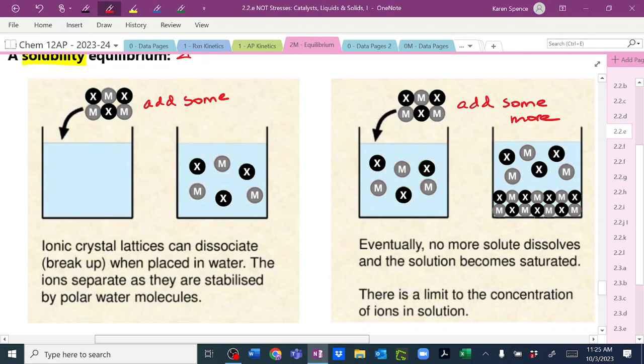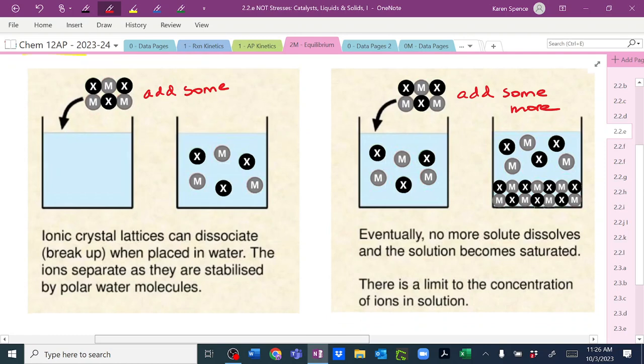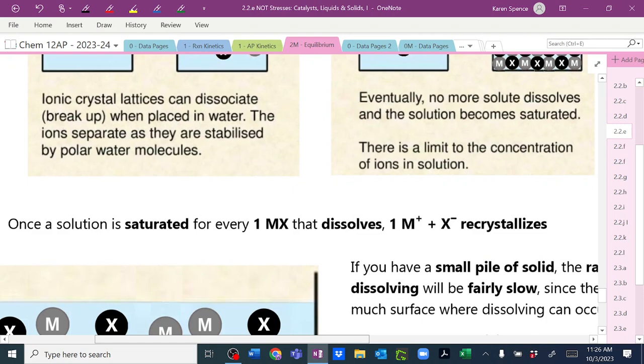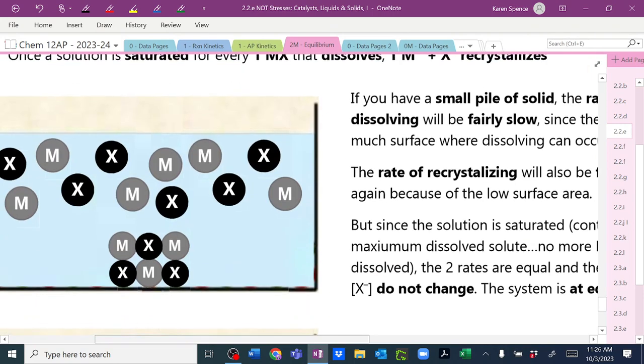Does the solid stop dissolving? Particles are bashing into the solid, so those bonds can be broken. The water molecules can surround the ions and break them apart. So let's take a look at what's happening here.